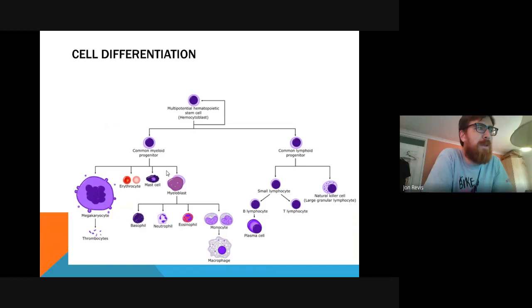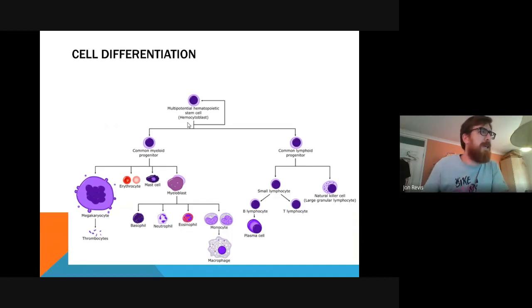You can take a stem cell, but it might not do what you want it to do, even if you mess about with it in the lab. It's a bit like programming a computer. If you haven't got the right code or you don't speak the right language, the computer isn't going to work. And it's the same with stem cells. This one here comes from a hematocytoblast. You'll learn a bit more about this later on.